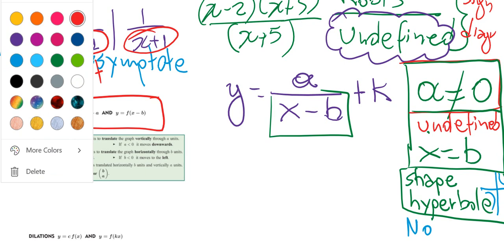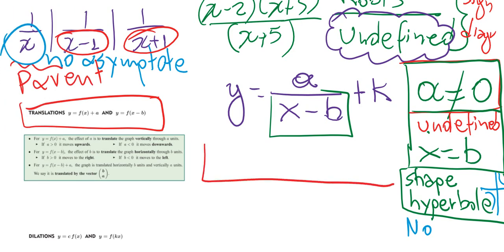My vertical asymptote, which is always given, it's in the book, is the value of the b, this part. The area that's undefined is the vertical asymptote.